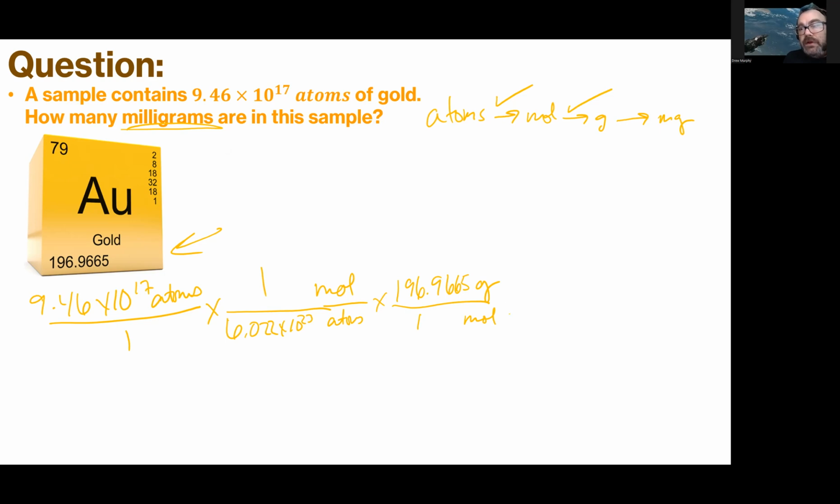We need milligrams though. So do we remember what's our conversion factor for milligrams and grams? Grams on the bottom to cancel out. Remember, 1 gram is 1,000 milligrams. All right. Let's math it out. 9.46 EE17 times 196.9665 times 1,000 divided by 6.022 EE23.